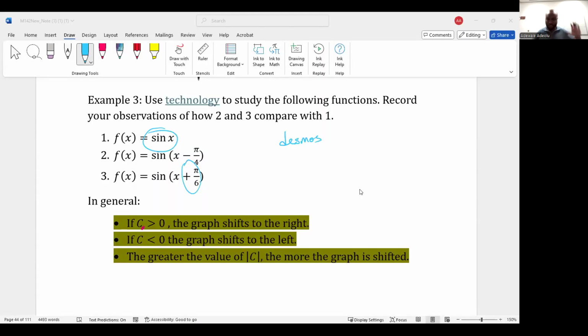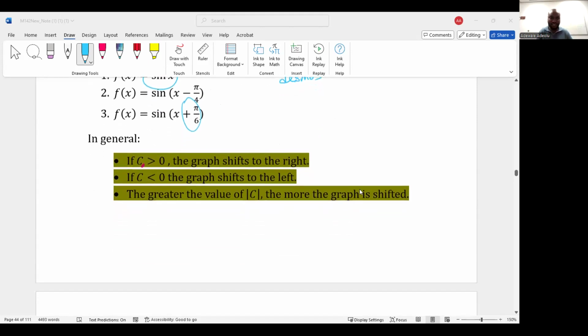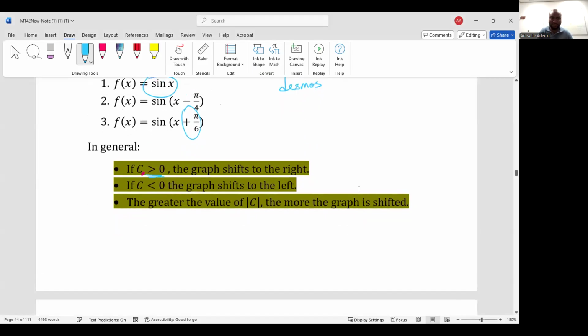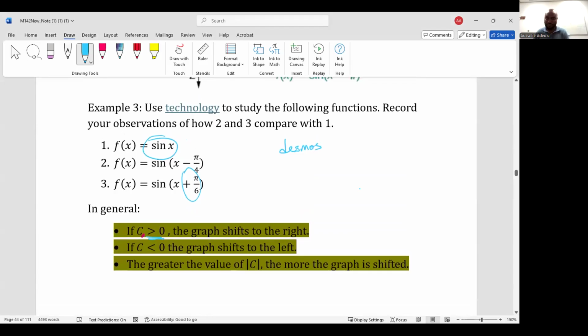So in general, let us conclude. In general, we say if C is greater than 0, what is C? Where's our C? Remember, y equals A sine Bx minus C plus D. You should know this often.